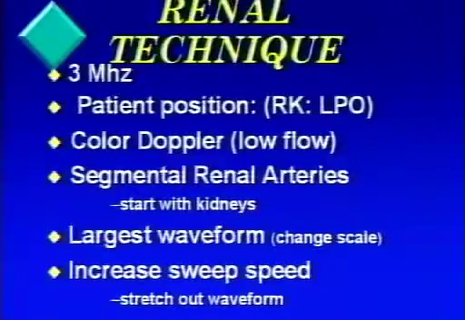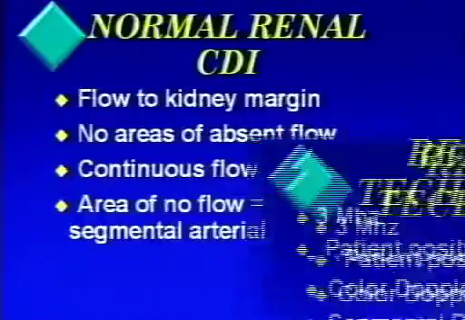But what it will allow us to do is to actually stretch that waveform out so that we can see subtle changes in the waveform characteristics. As you'll soon see, we're not going to be as concerned with actual velocity calculations in this particular technique. What we're going to be putting our primary emphasis on is waveform characteristics and time measurements.